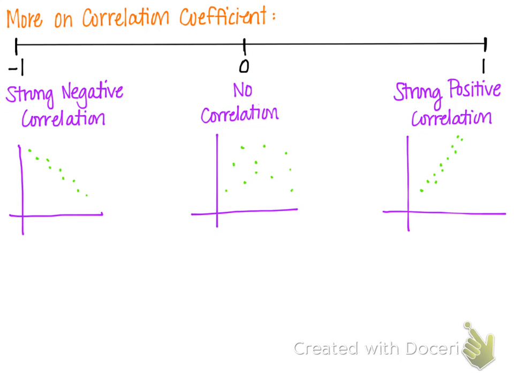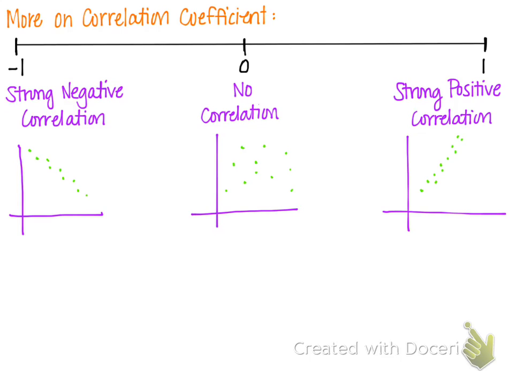On the flip side, the closer it is to +1, so something like 0.83 or 0.97, what you have is a strong positive correlation. So that means the same thing as strong negative, except we have a positive slope here. Strong negative, we have a negative slope, and strong positive, we have a positive slope.